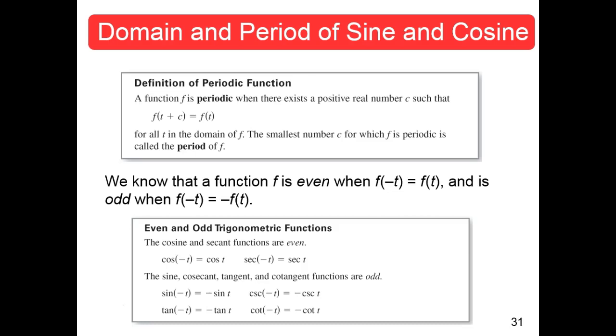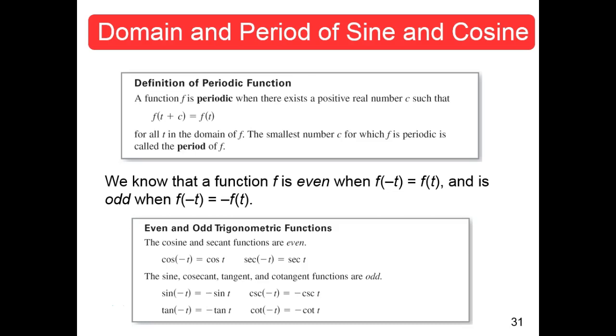Now, just another little blurb here. Back in pre-calculus algebra, you know that a function is even when f of minus t is the same as f of t, and odd when f of minus t is minus f of t. What that means is, if you go over a certain t value and you have f up here, if it's an even function, you go to minus t and you're in the same place.